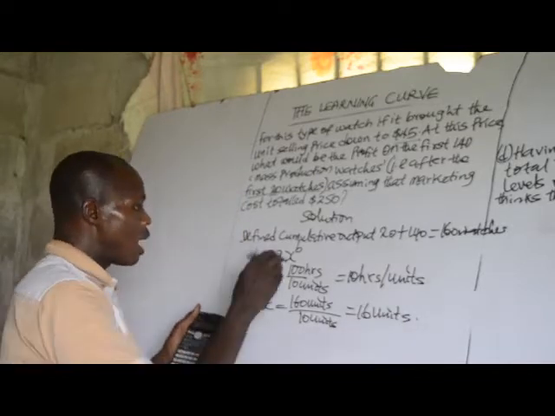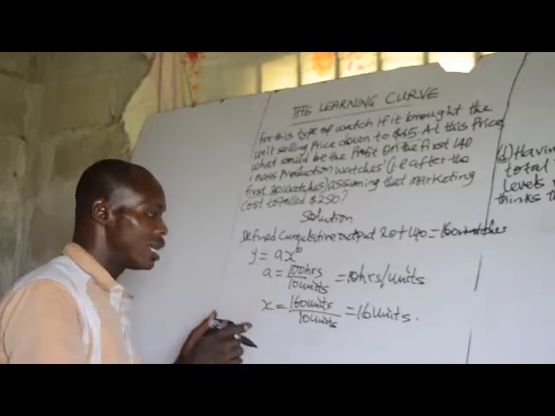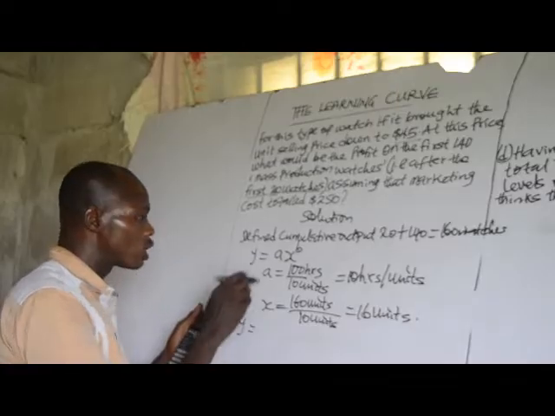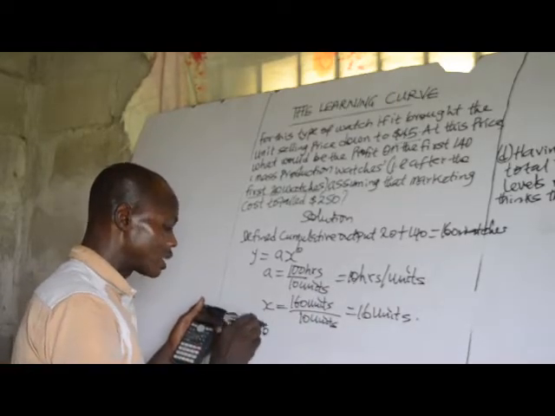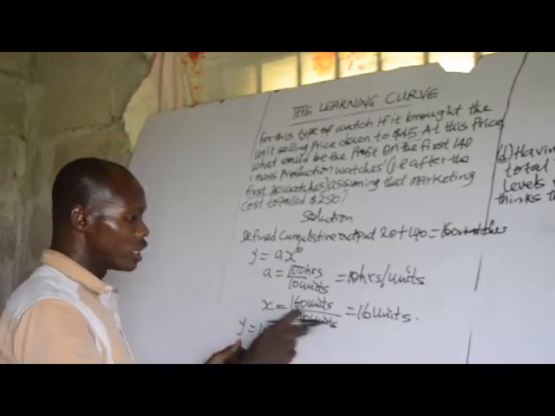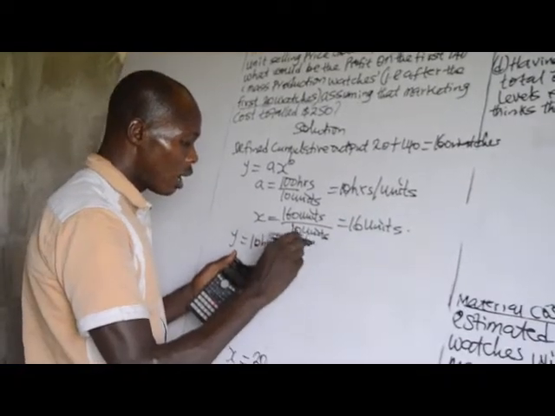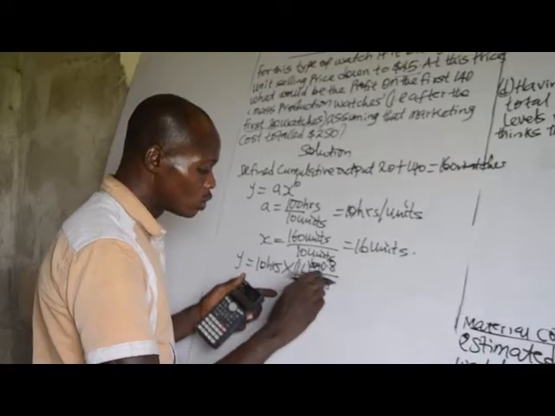Then our b still remains the log of learning rate over log 2, and our learning rate is 80%. So substituting into the formula, we have y equals a, and our a is 10 hours, times our x, which is 16 units, raised to power log of learning rate, which is 0.8, over log 2.